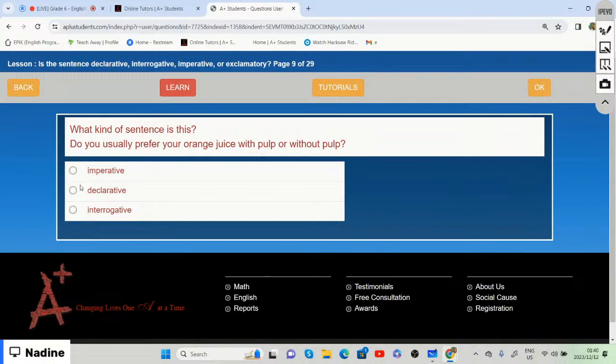And do you usually prefer your orange juice with pulp or without pulp? Question. Is this an imperative sentence? Is it a declarative sentence? Or an interrogative sentence?